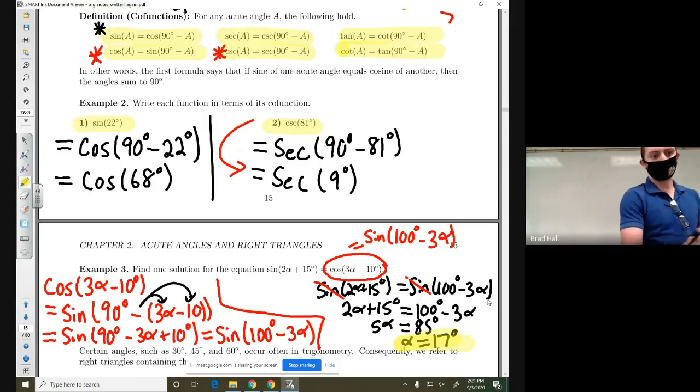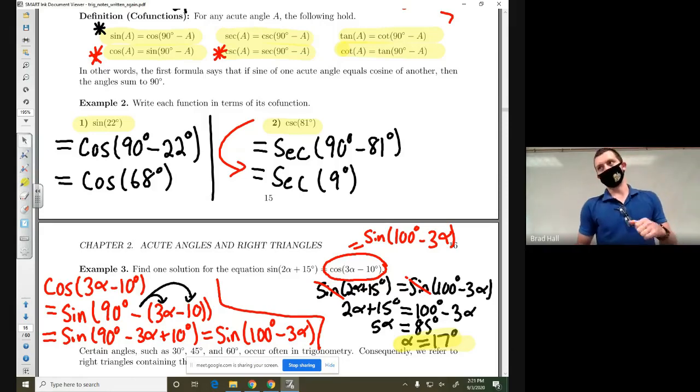So that's one application of cofunctions. We can use it to manipulate an equation and find a solution algebraically by getting the same trig function on both sides.